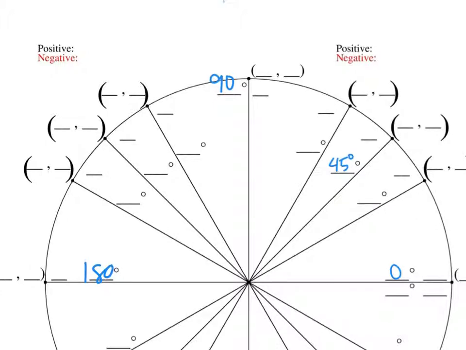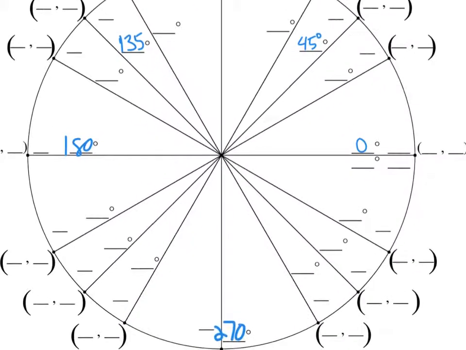Add another 45, you get to this angle, and what is that? 135. Okay, 135. You add another 45, you get to 180. Add another 45, you get to halfway in between, and so 180 plus 45.